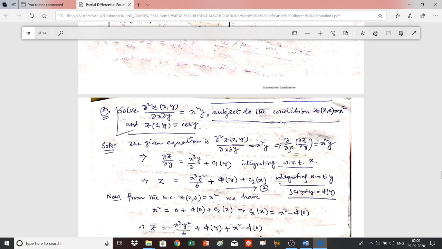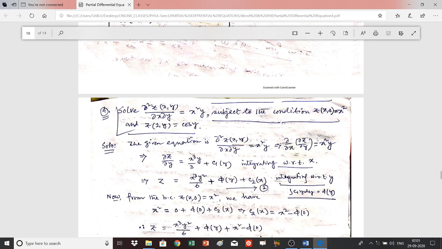Similarly, if you integrate this expression further with respect to y, that will lead to z equal to x³y²/6, the integration of y is y²/6, plus a function, that is phi(y), because integration of c1(y) dy, c1 being a function of y, will give another function of y, that is taken as phi(y).